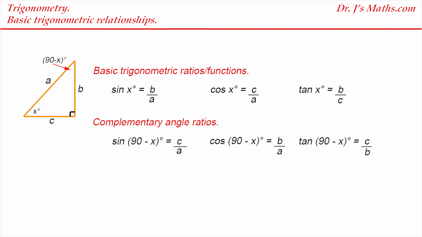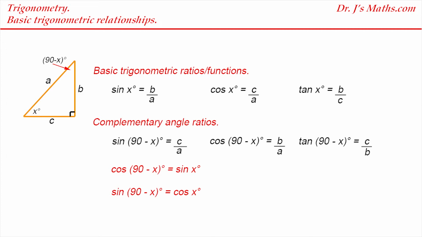Now, have a look at this. The sine x is equal to cos of 90 minus x in terms of its ratio. So that's interesting. We can therefore write cos 90 minus x is equal to sine x. Go to the next one. Cos ratio is c over a, and so too is the sine 90 minus x ratio. So we've got another equivalence. Sine 90 minus x is equal to cos x.